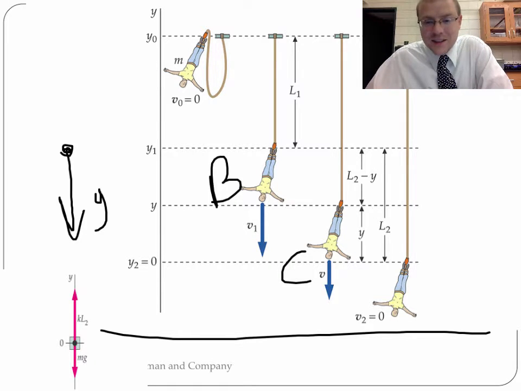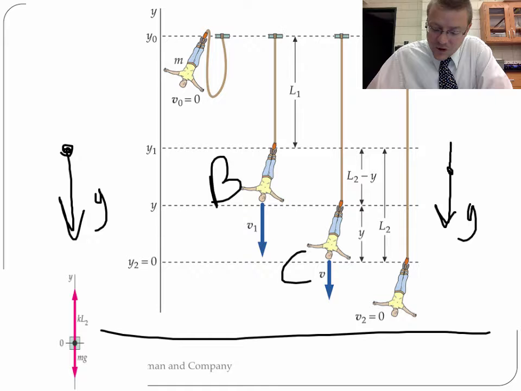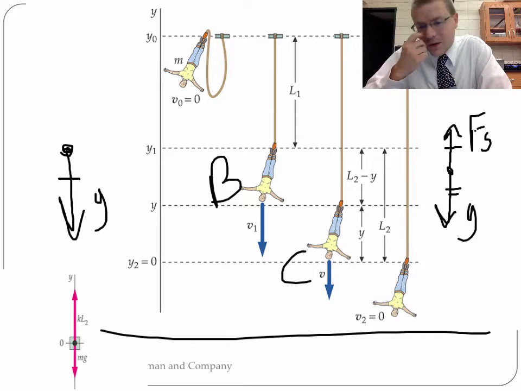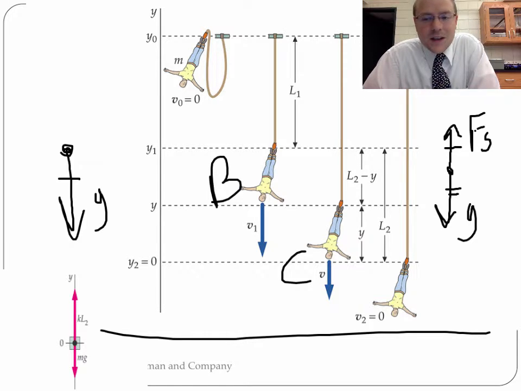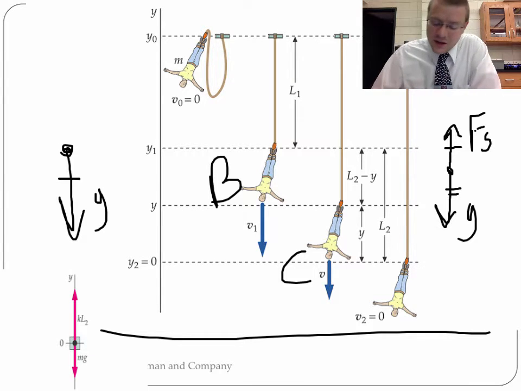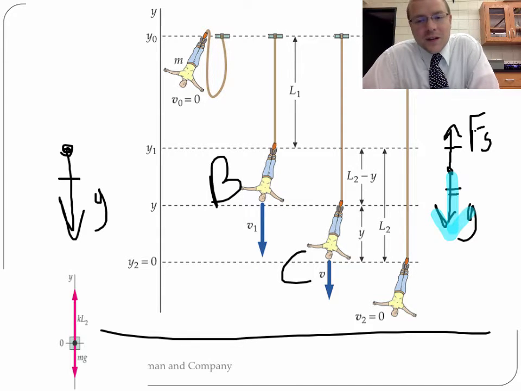At location C, to go from B to C, gravity is still pulling down, but that spring force is starting to grow. And if you look at that, all the way until you get to the point of C, the spring force and the gravitational force aren't equal yet. And if you look at how they're unequal, I still have more force down. If I have more force down, that means I'm going to continue to accelerate down.